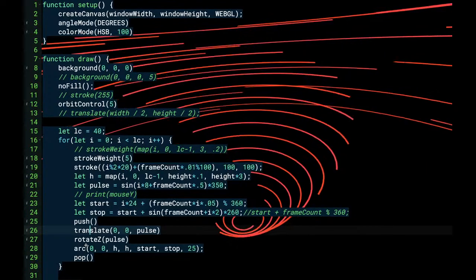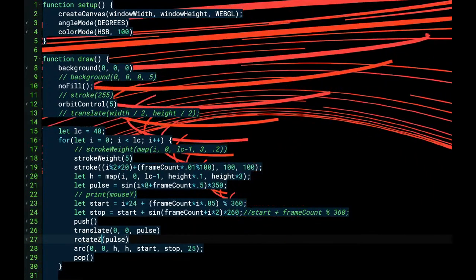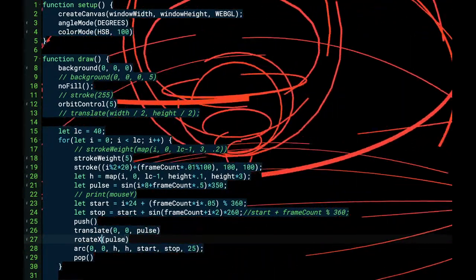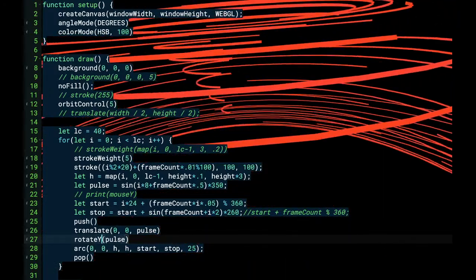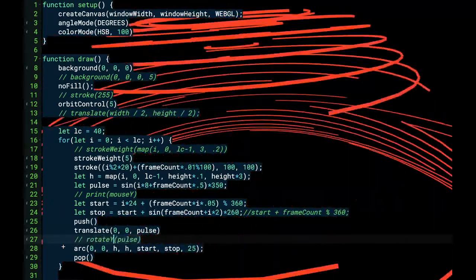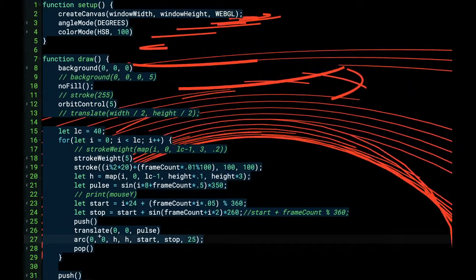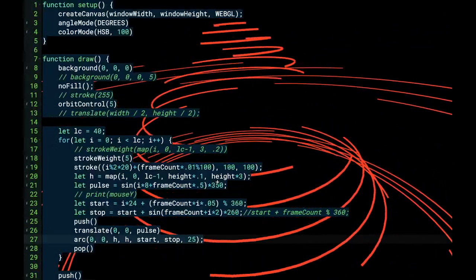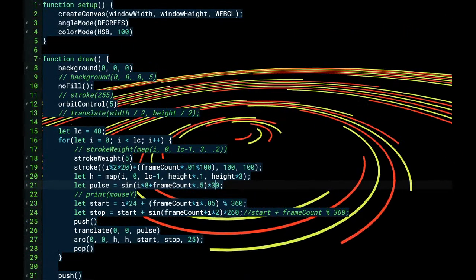Yeah, but I think as arcs, they don't really need rotate at all. I don't think it's helping. It creates some chaos. Too much. Okay, but this Z-axis manipulation is quite cool.